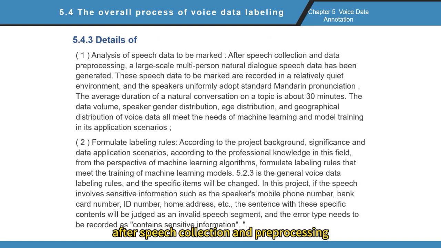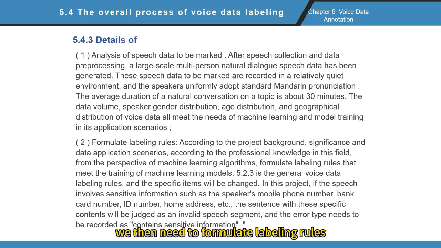After speech collection and pre-processing, we have large-scale multi-person natural dialogue speech data. This data is recorded in a quiet environment with speakers using standard Mandarin. The average conversation duration on a topic is around 30 minutes, and its volume, speaker gender, age, and geographical distribution meet machine learning and model training needs.